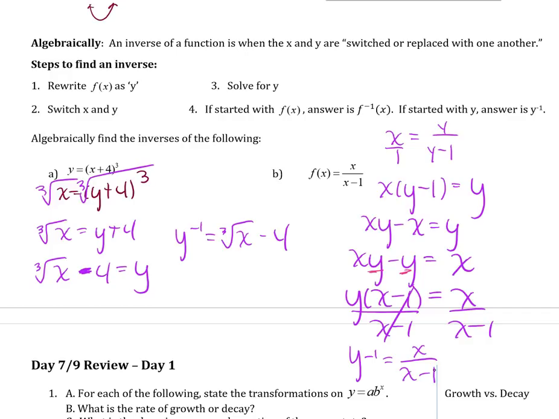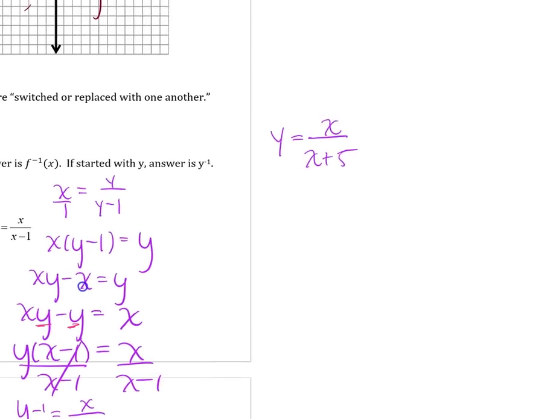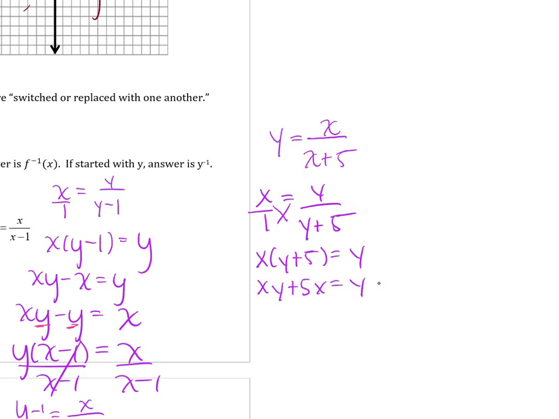So I came up with another example so it's not as lame. So let's quickly do this. Yay! So if I want the inverse of this, just like the last example, I'll switch x and y, get rid of the fraction, distribute, and then get my y's together.